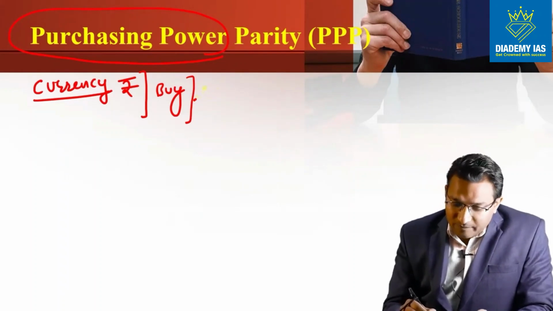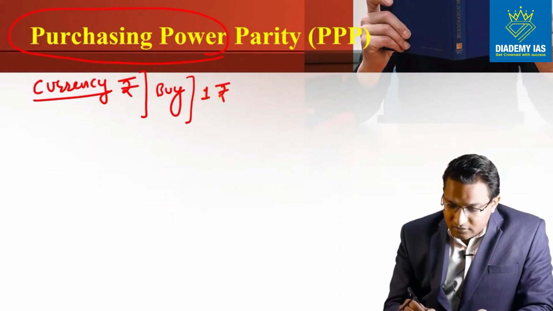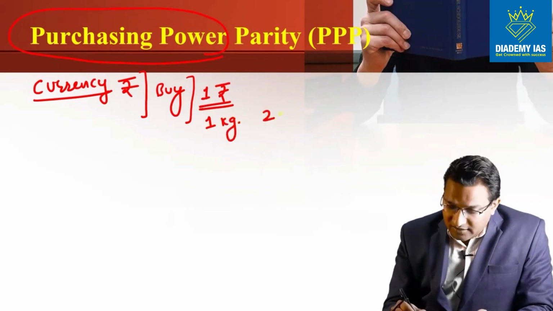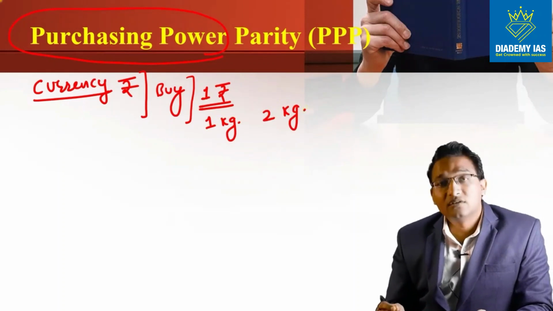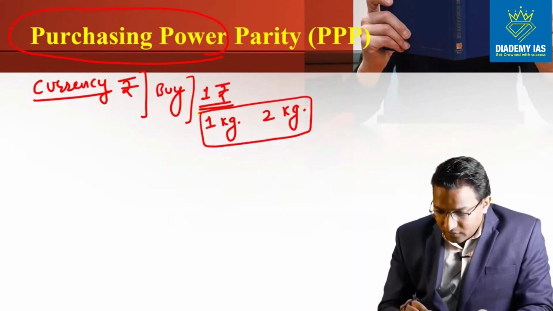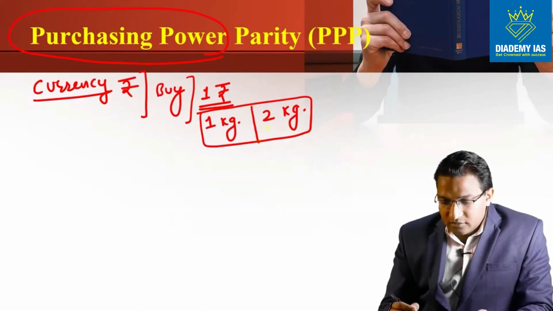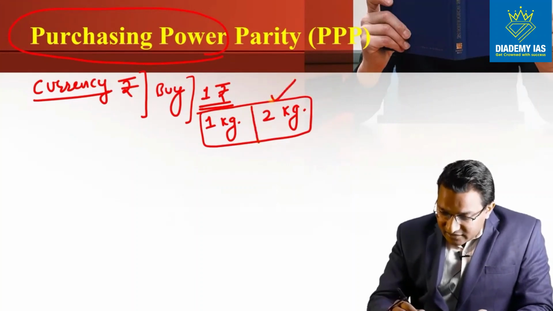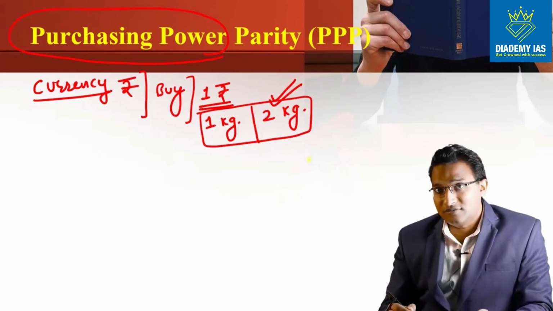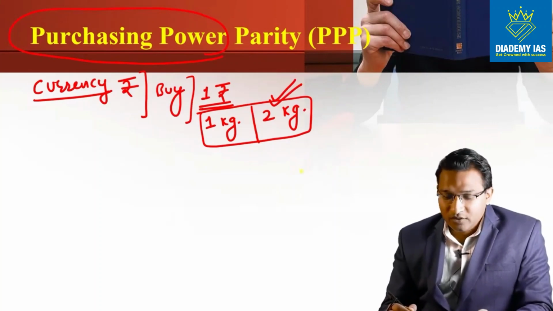So for example, if this 1 rupee can buy 1 kg of an item, or it can buy 2 kg of the item. Out of these two cases, in the second case, when it is buying 2 kg, the purchasing power of rupee 1 is more, right?